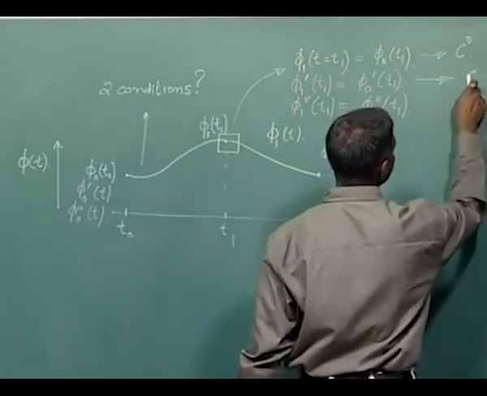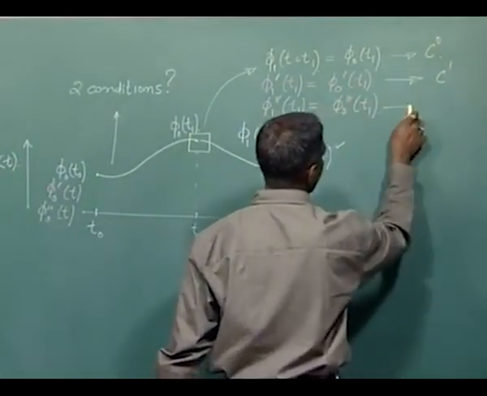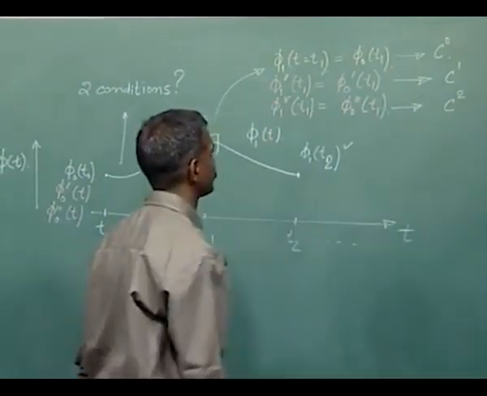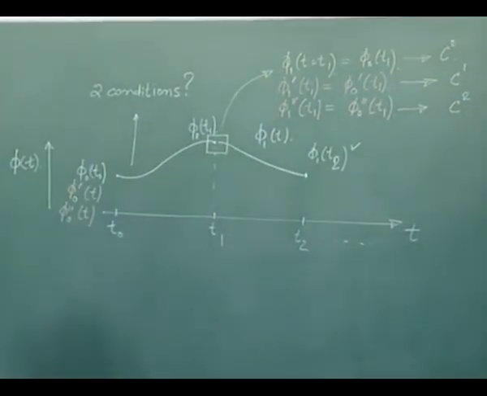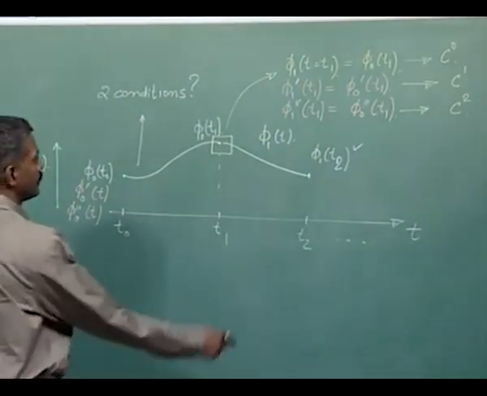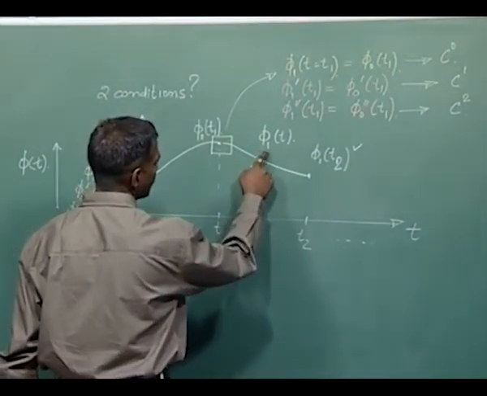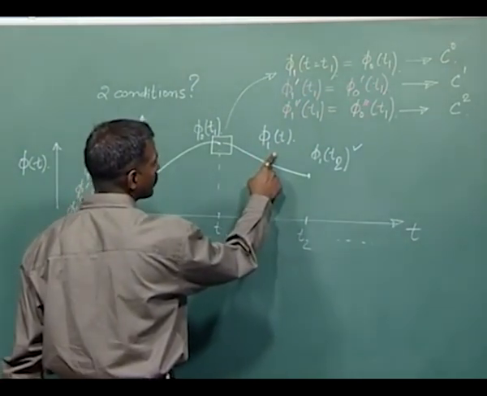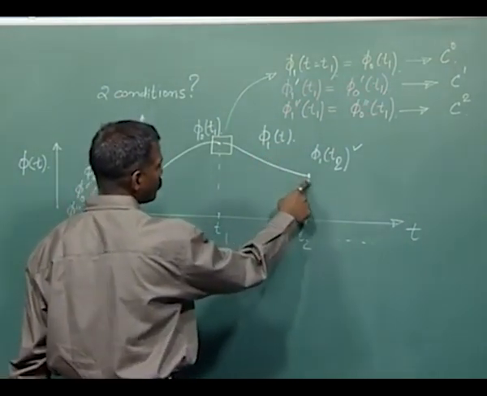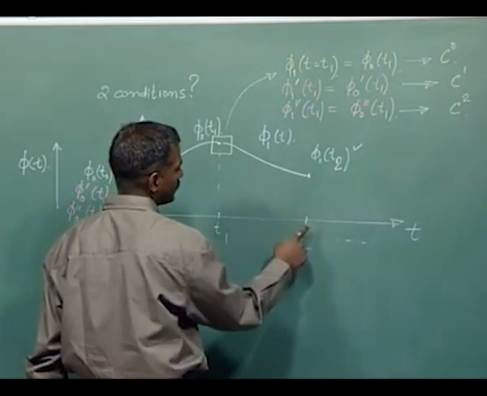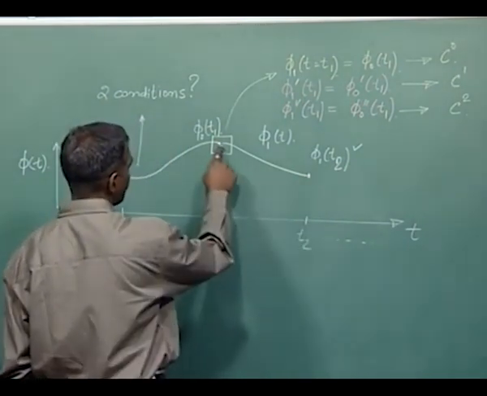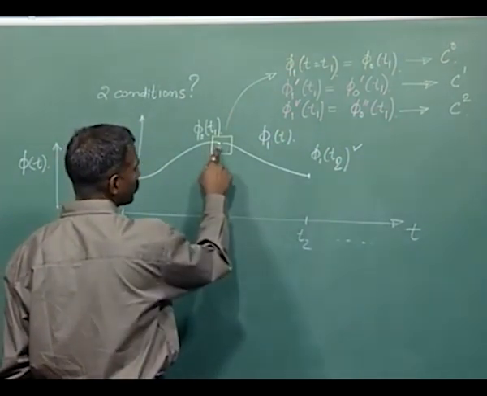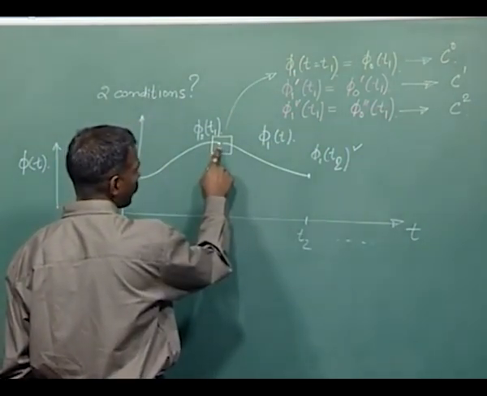This ensures slope continuity, and this condition ensures the continuity in the second derivative. In a sense, for this cubic segment phi 1 of t, we now have four conditions: the value at t equals t2, the value at knot t1, the slope continuity condition, and the curvature continuity condition.